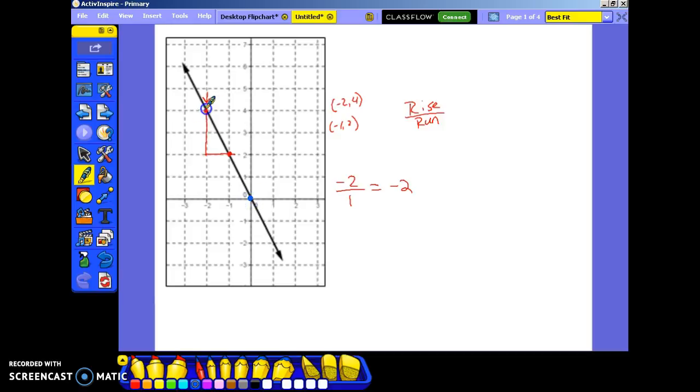So I'm going to start back at my original point, and to get from -2, 4 to 0, 0, I'm going down 1, 2, 3, 4, to the right 1, 2. That simplifies to -2. So my slope is going to be -2.